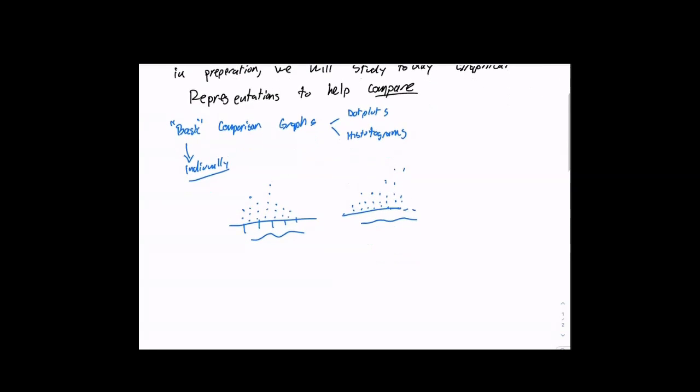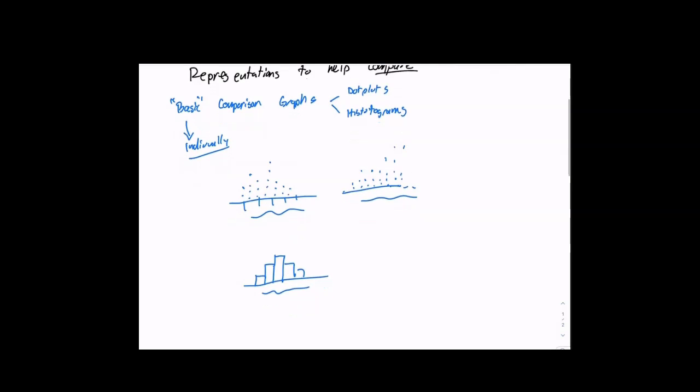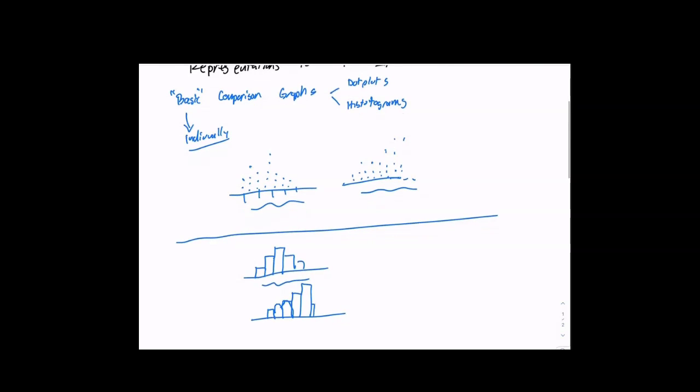Or you can have a histogram, same idea, and you have that information, and you might have the other histogram or dot plot drawn above and below.